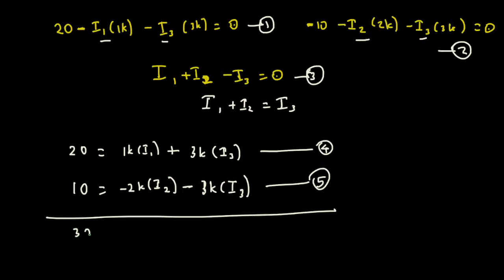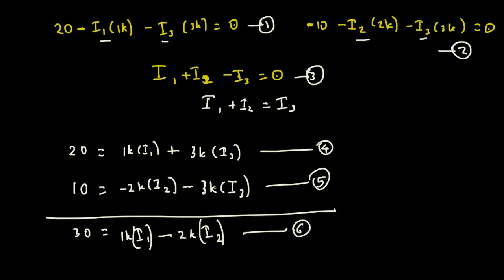So this will become 30 is equal to, if you add plus and minus it is going to be minus, 1k I1 minus 2k I2. We can call this equation number 6.